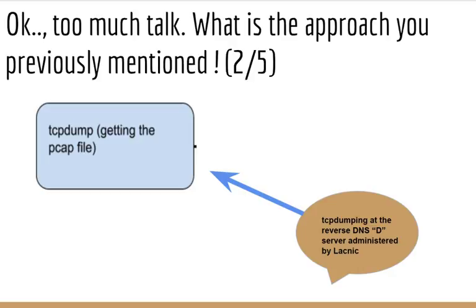After we do the TCP dump, we get a pcap file, as has been mentioned many times. I feel more or less bad now that I heard about pcap and the other libraries that you have, DNS Cap and other utilities. Basically, we are running TCP dump on a server called D. This is not the root server D. It is the reverse DNS root server D that is administered by us, by LACNIC.